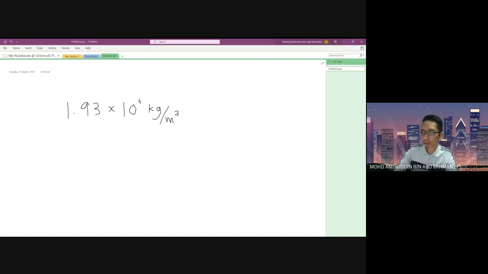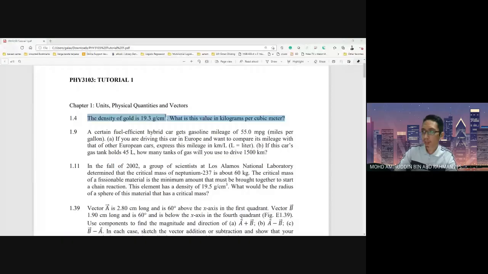So a certain fuel efficient car gets gasoline mileage of 55 miles per gallon.